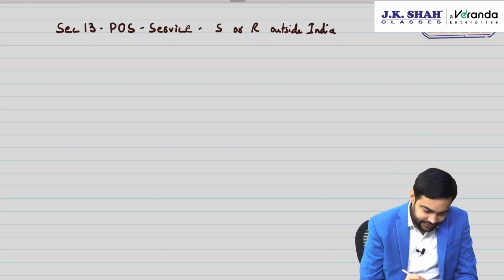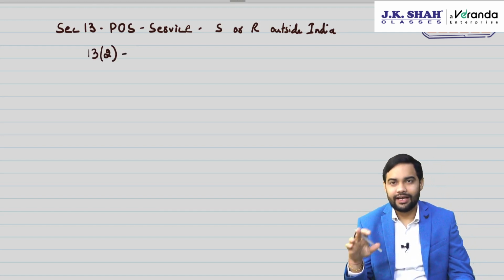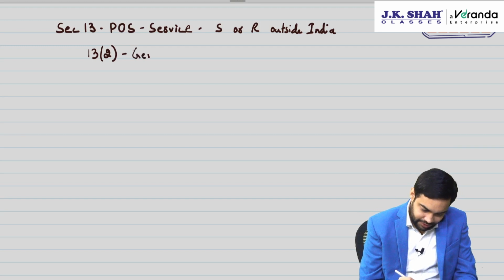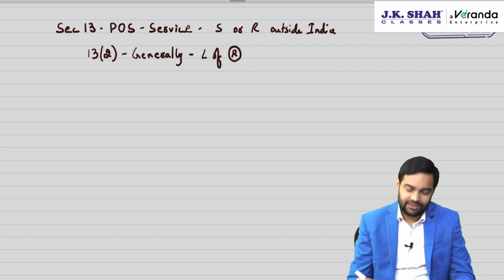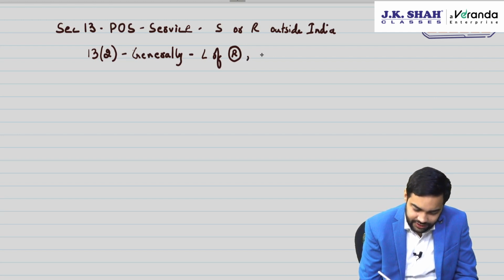Section 13(1) only gives the name that this will apply only when supplier or recipient is outside India. From 13(2) onwards, place of supply starts. Generally, the law says place of supply will be the location of recipient. So if nothing else is available, location of recipient is used. Suppose I don't have the location of recipient in the ordinary course of business.